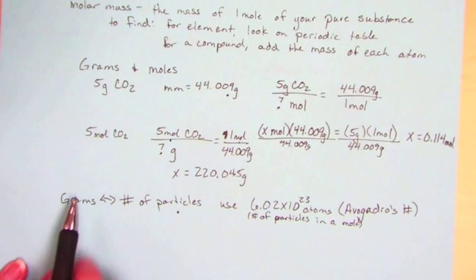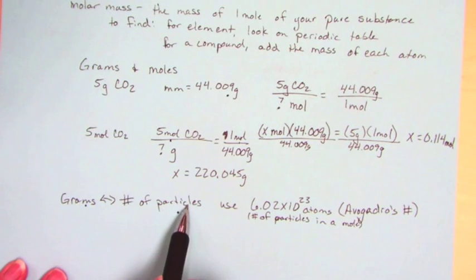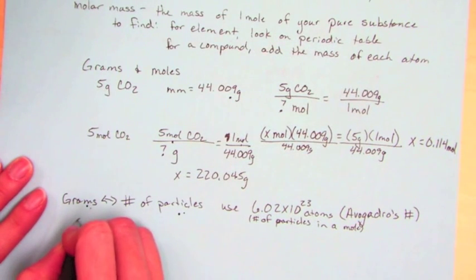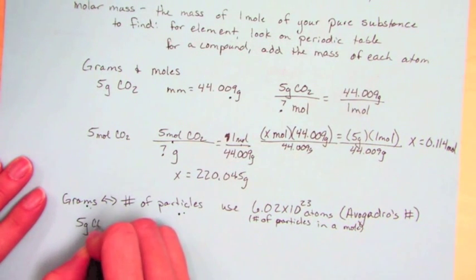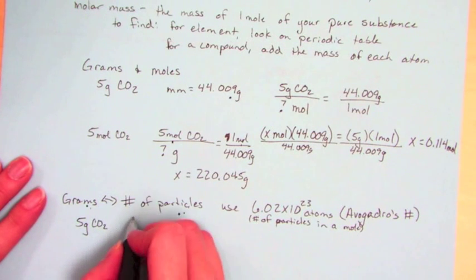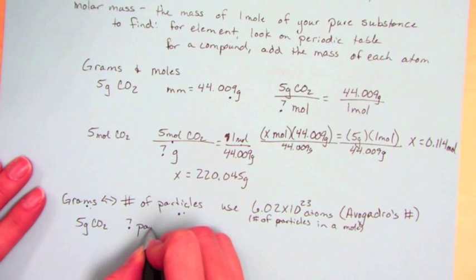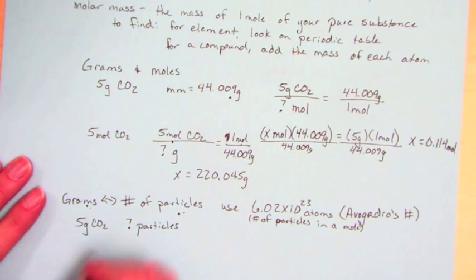When you're going grams to number of particles or number of particles to grams, you have to do the middle step in converting either to moles. So for example, we'll go back to our 5 grams of CO2, and this time we want to know how many particles.